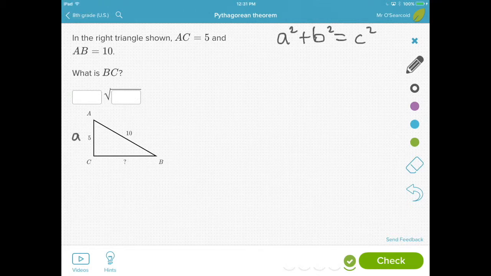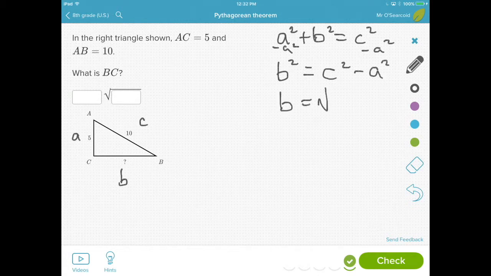So if we subtract a squared from both sides, we're going to get b squared equals c squared minus a squared. And that's only because we just subtracted the a squared from both sides. It's an equation, so long as we do the same thing on both sides, the equation remains true.